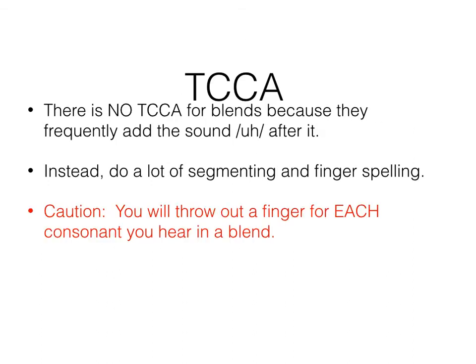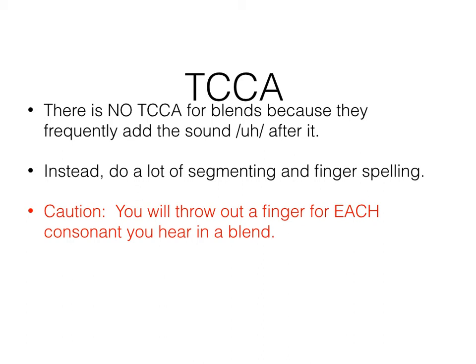When doing trace copy cover, remember that there is not trace copy cover for blends because they typically add an uh after it. So instead, you will do a lot of segmenting and a lot of finger spelling.